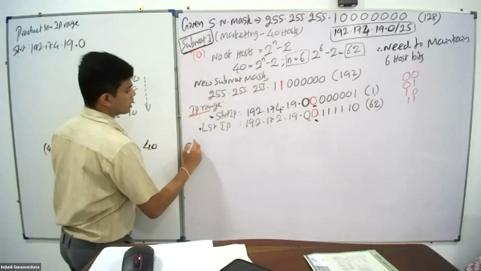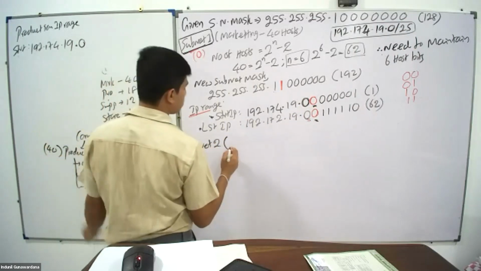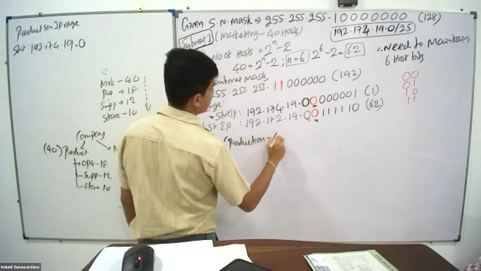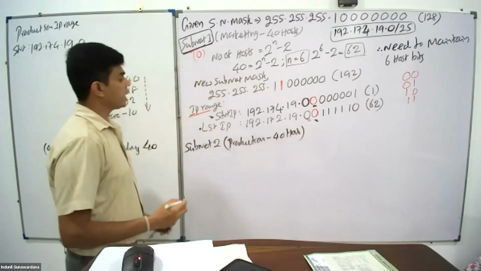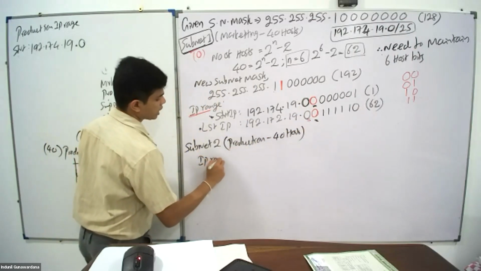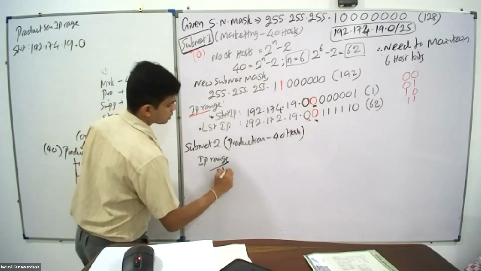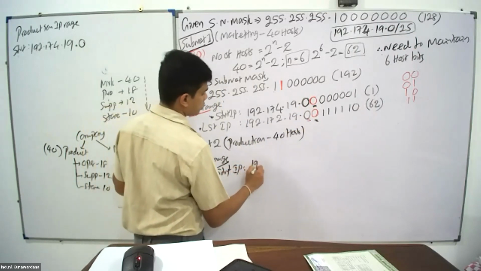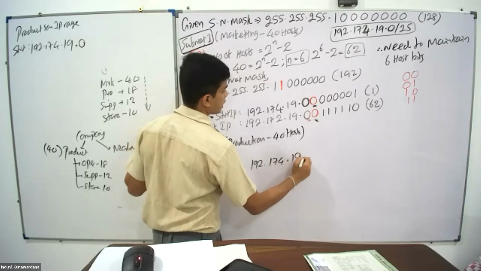Then I am going to go for subnet 2, the production, having 40 hosts again. So what is the IP range going to be? Let's make the IP range. The start IP is 192.174.19.